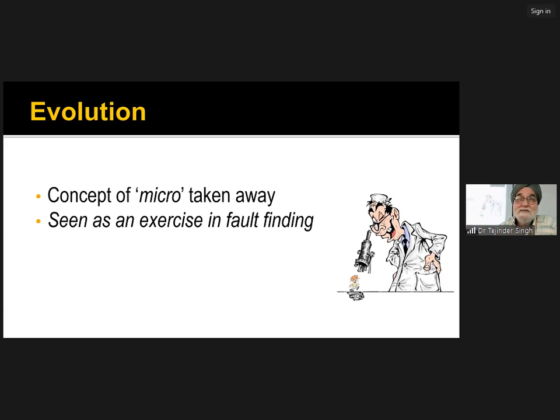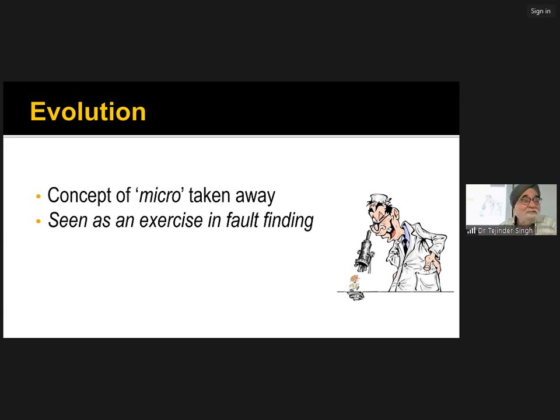And so what happened? The concept of micro was taken away, because you wanted to include as much as possible in the whole thing, in the hope that if one is bad, at least you will have a good point to counter your bad rating. And it became an exercise in fault finding.